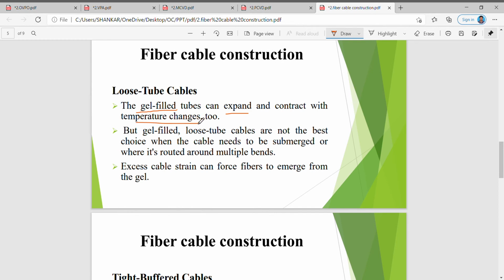But the gel filled loose tube cables are not the best choice when the cable needs to be submerged. Also, these cables are not useful when there are a number of bends. If we are required to fabricate the cables in a format with multiple bendings, the gel filled cable cannot be used. There are many losses with loose tube cables in the case of multiple bends, and we cannot use them for submerging either.